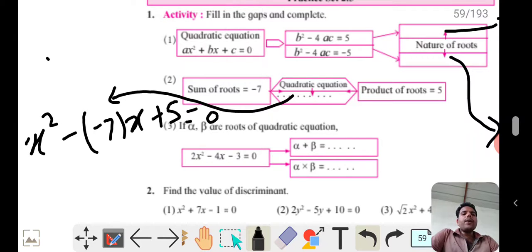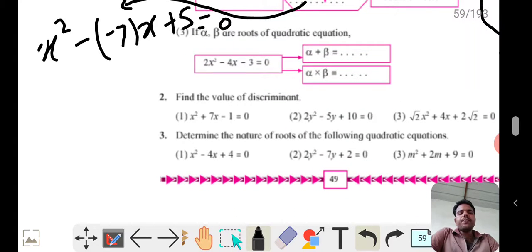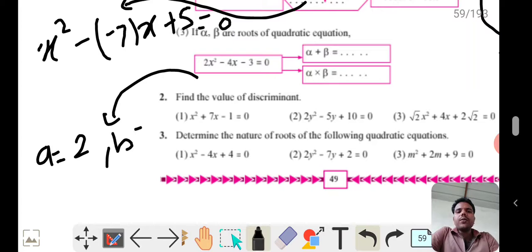If alpha, beta are the roots of a quadratic equation, then we have to write alpha plus beta and alpha into beta. So here, from this equation, we have the values a is equal to 2, b is equal to minus 4, and c is equal to minus 3.